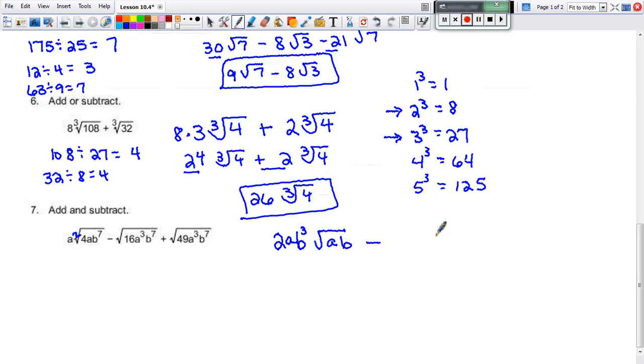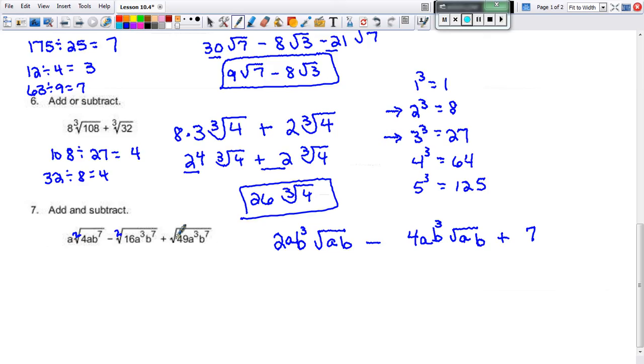Then minus sign. The square root of 16 is 4. For my a's, 2 goes into 3 one time with 1 left over. And for my b's, 2 goes into 7 3 times with 1 left over. Plus sign. The square root of 49 is 7.